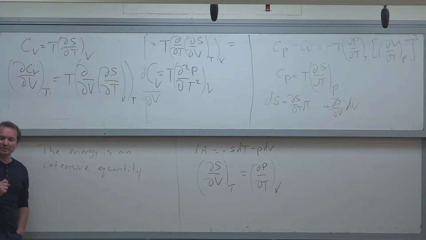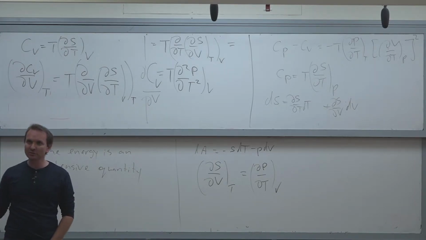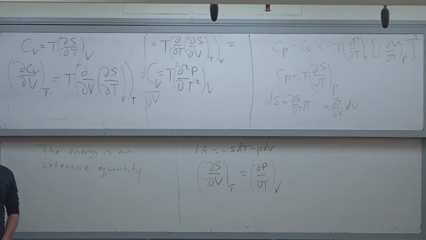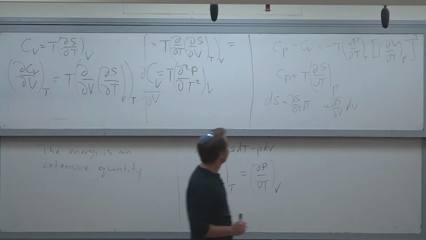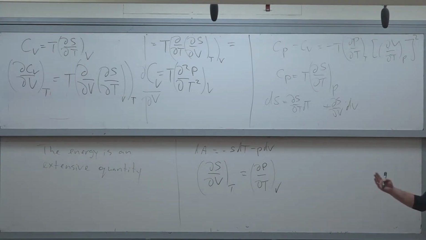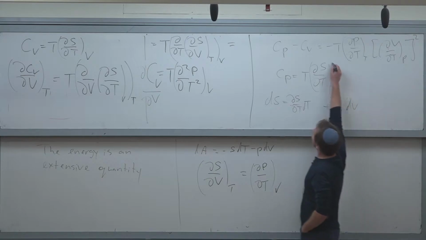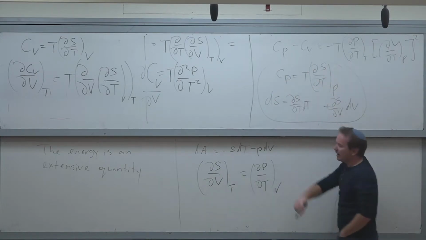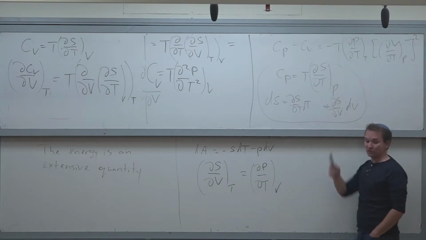What does extensivity mean? Any other questions? Don't be shy. So I assume that S is a function of T and V. I'm playing a game, so I haven't shown you how I got from here to this equation.